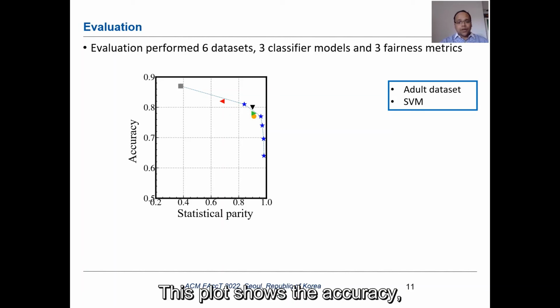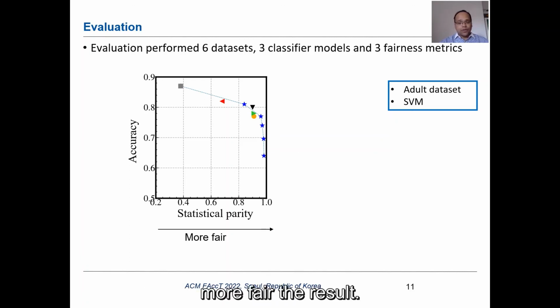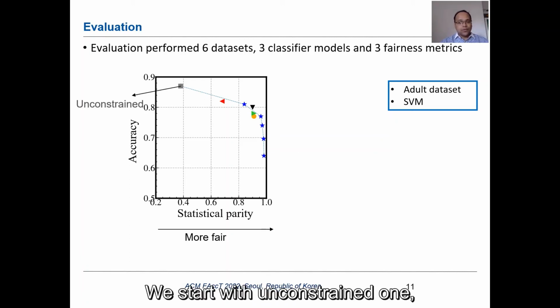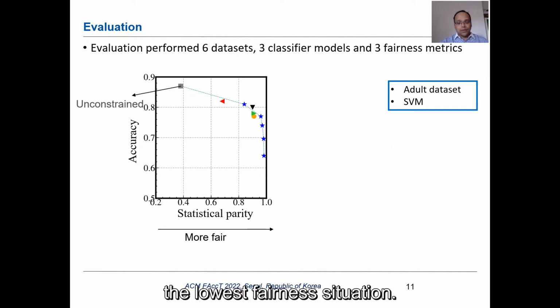This plot shows the accuracy statistical parity trade-off across different methods. The higher the statistical parity, the more fair the results. So we start with the unconstrained one, which is a simple SVM algorithm, and it achieves the highest accuracy and at the same time the lowest fairness results.